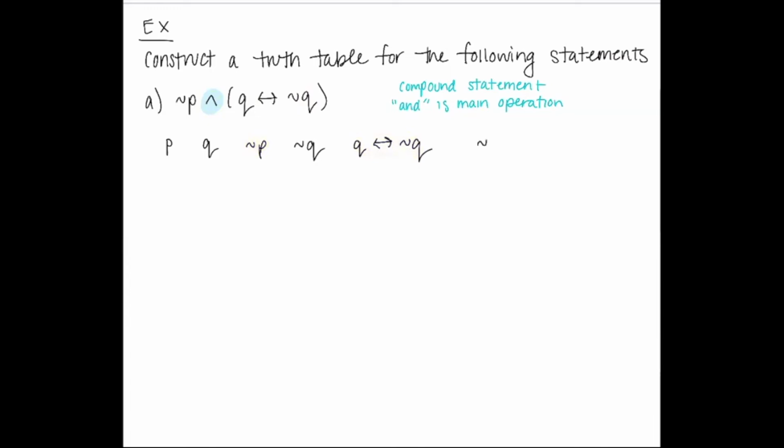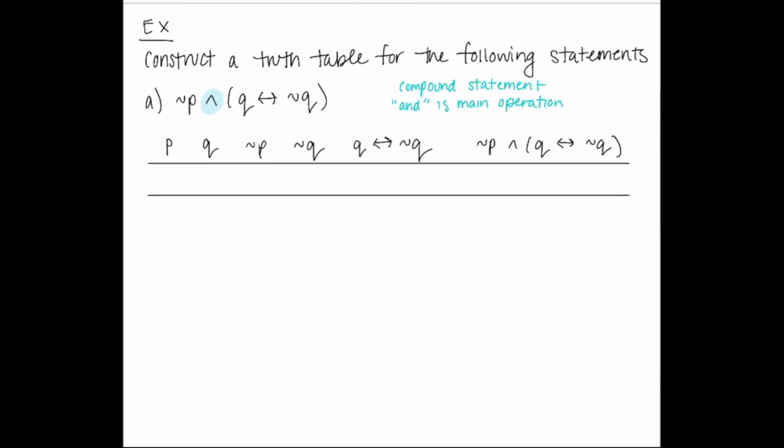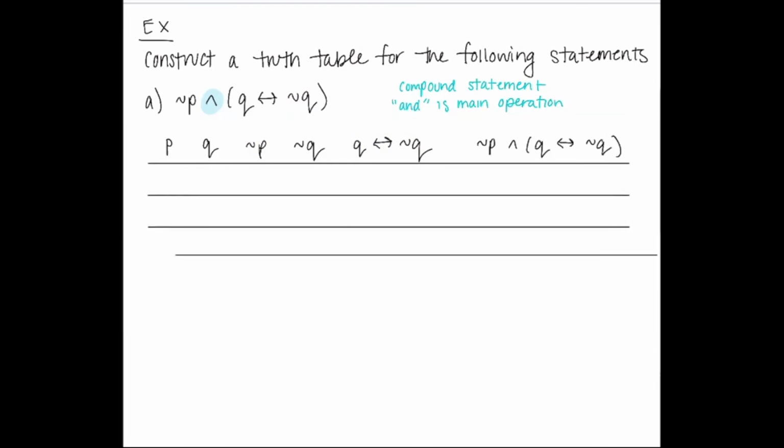So it's not P and Q if and only if not Q. I've got just two statements, so four rows in my truth table.